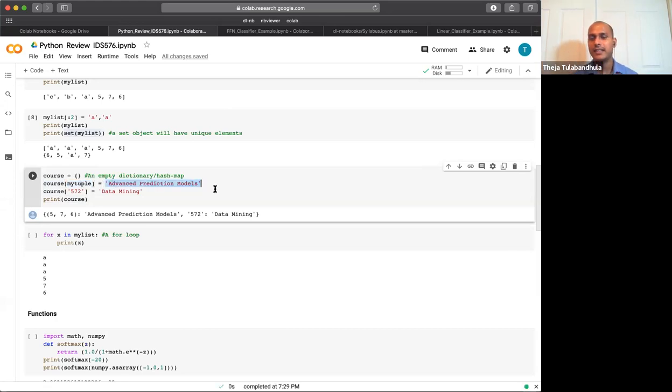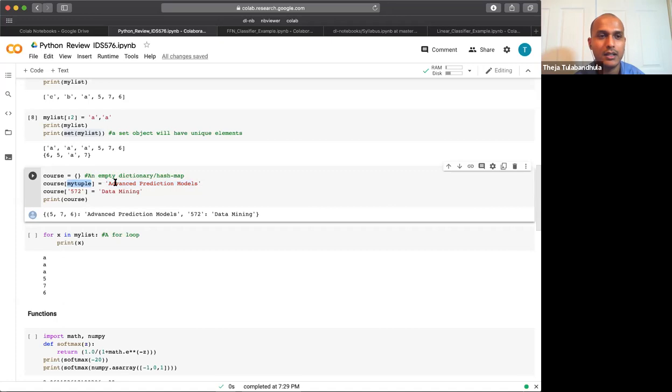Think of it like an Excel two-column table, where the first column has keys and the second column has values. Instead of indexing to find a row, say give me the fifth row, you can say, give me the value corresponding to this key.